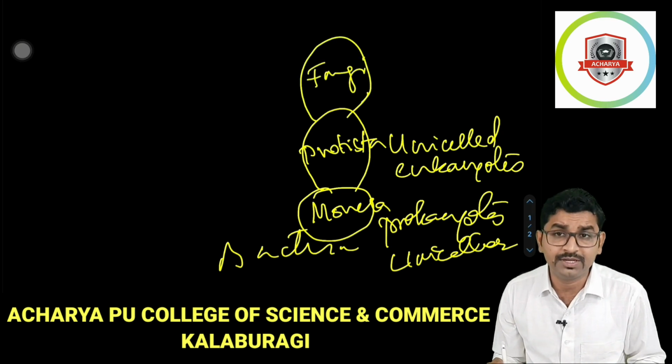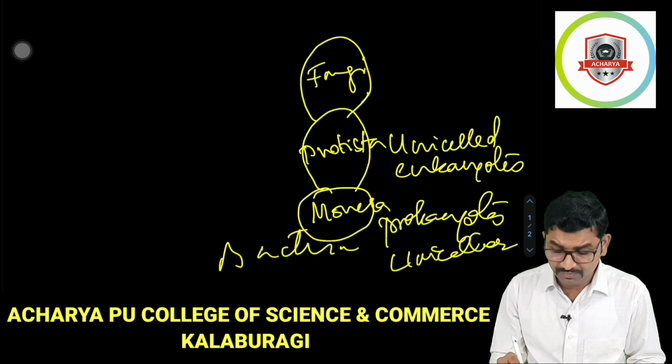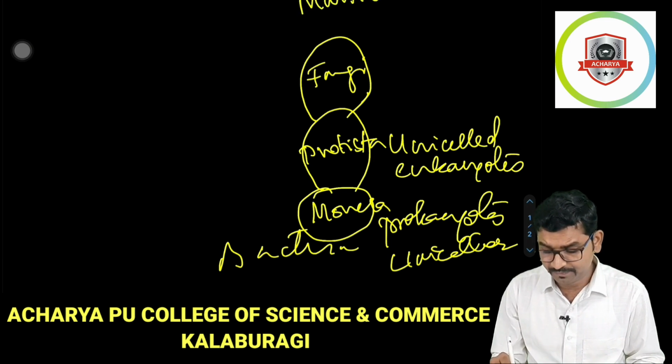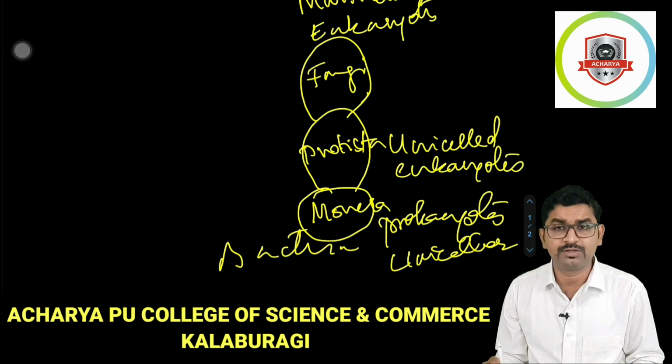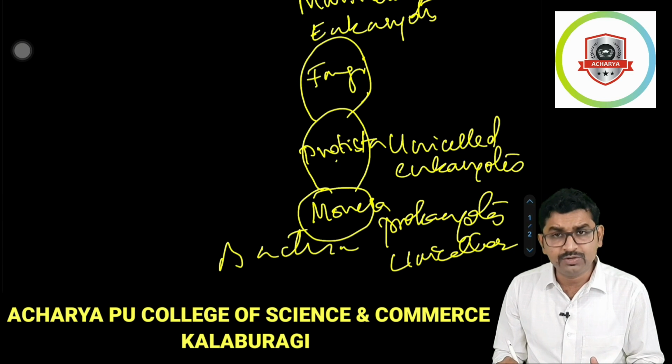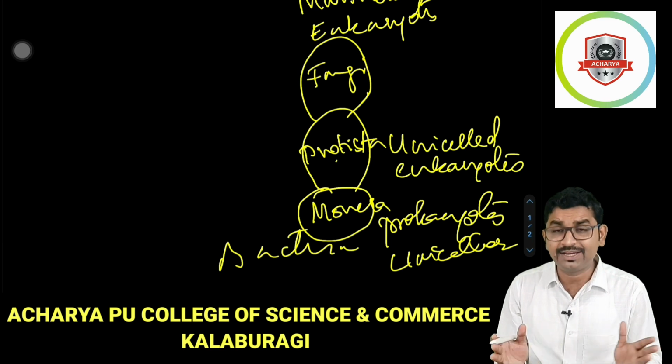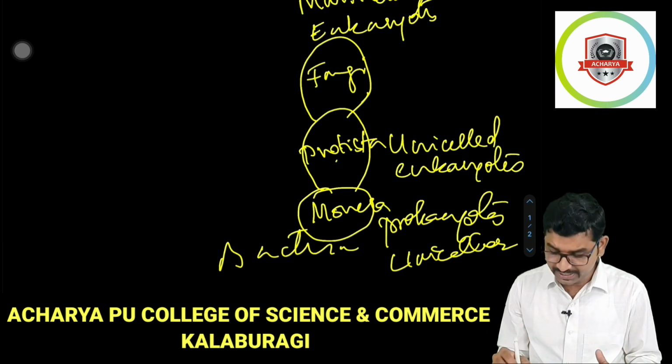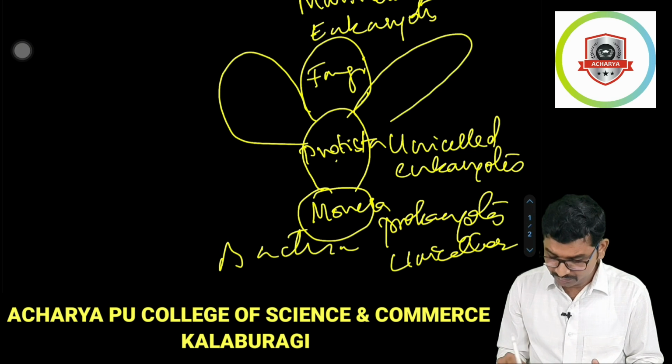fungi were formed. They were multi-celled eukaryotes. From Monera, evolution gave protists, from protists fungi, and fungi were sharing common characteristics, as you know.